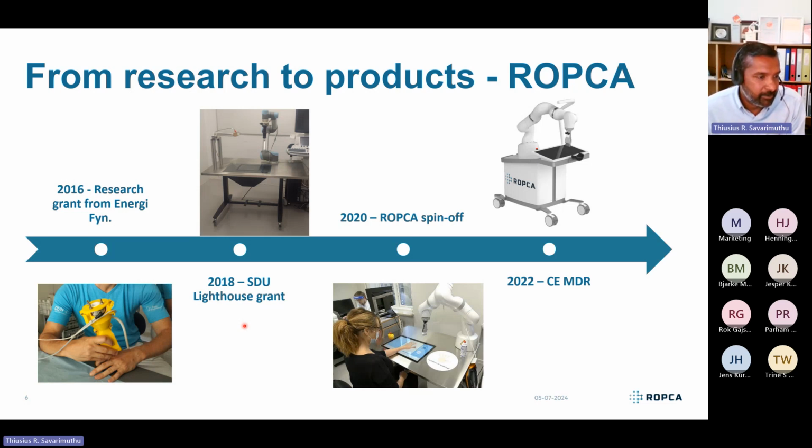This grant gave us some money to actually hire an engineer at SDU to continue building the automatic scanning system.